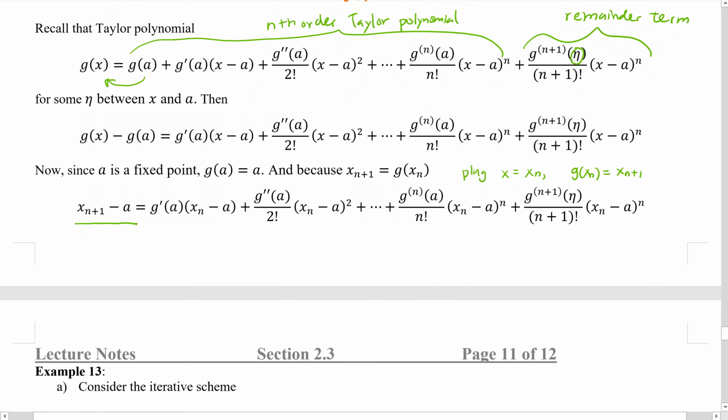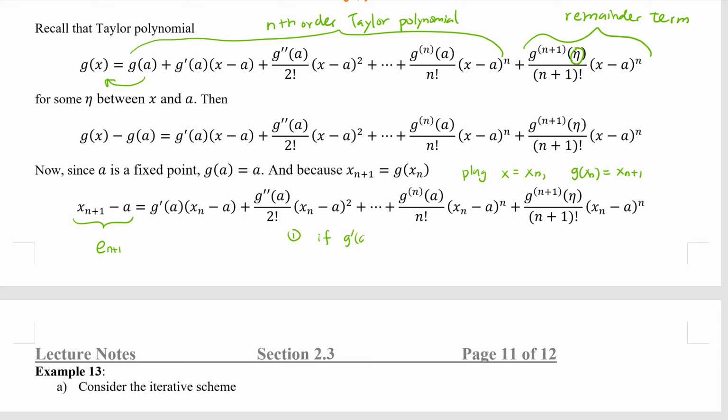Okay, so what does that mean? This formula actually gives us more information. Think about it. a is like the true value, the fixed point, right? And this is like the error term at n plus 1, right? So let me put it down here.